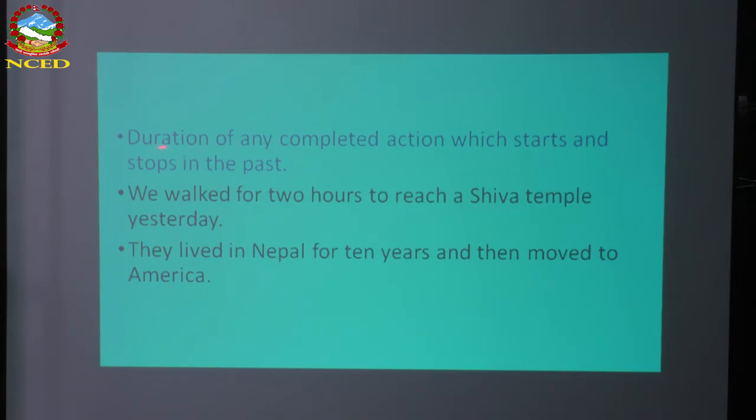Here the duration is 2 hours, right? They lived in Nepal for 10 years and then moved to America. For 10 years, duration is shown. So, in this situation also we use past tense.